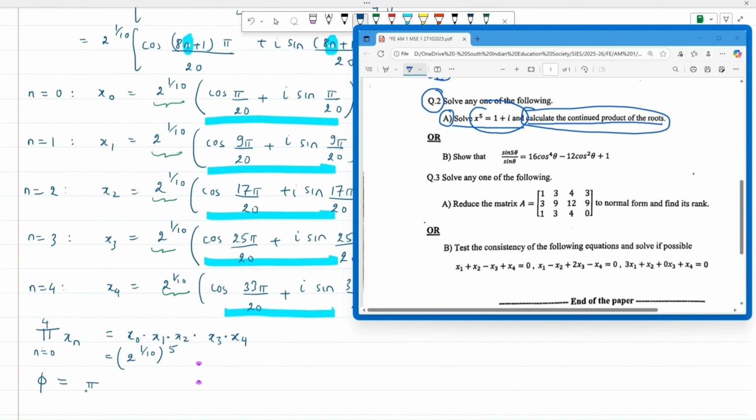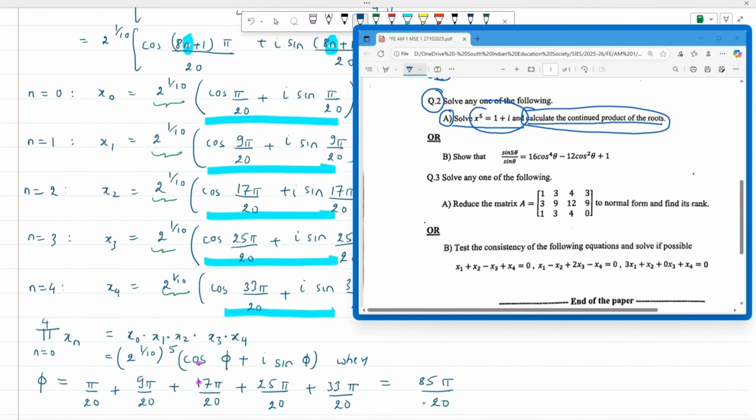So it's going to be pi over 20 plus 9 pi over 20 plus 17 pi over 20 plus 25 pi over 20 plus 33 pi over 20. So I'll say that the continued product of the roots is 2 raised to 1 by 10 raised to 5, into cos of phi plus I times sine of phi, where phi sums up to 85 pi over 20.